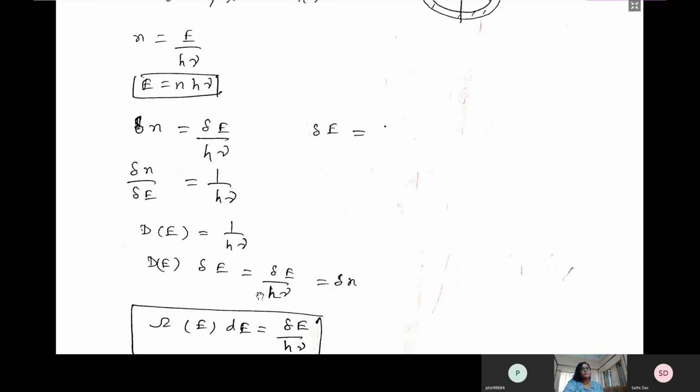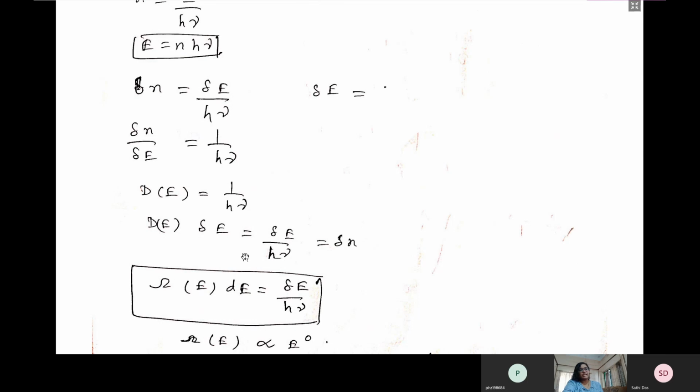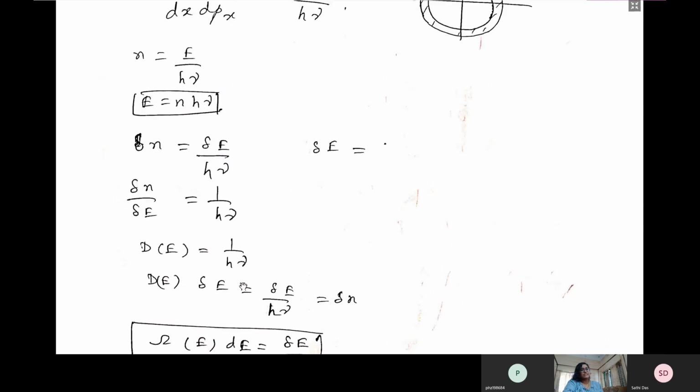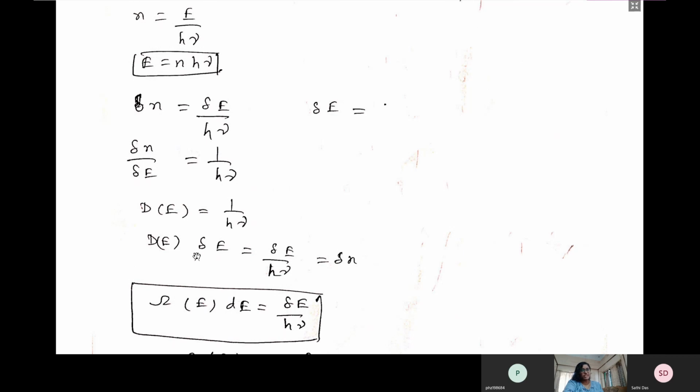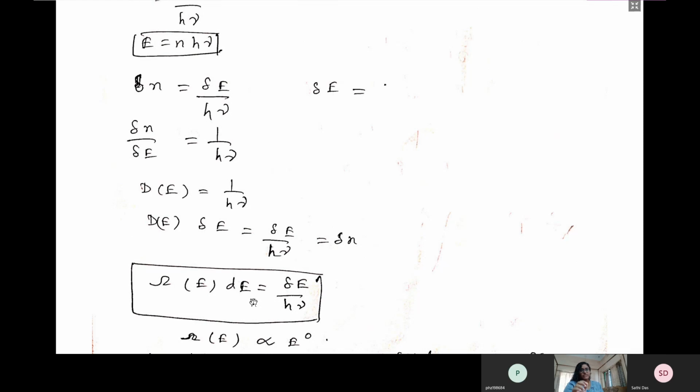So it is 1 by h nu, and g(E) delta E equals delta E by h nu, that is the delta n, or g(E) is independent of E. Okay, because here in the right hand side, the density of state, there is no dependence of E. So E to the power 0. Okay, so density of states is independent of E.